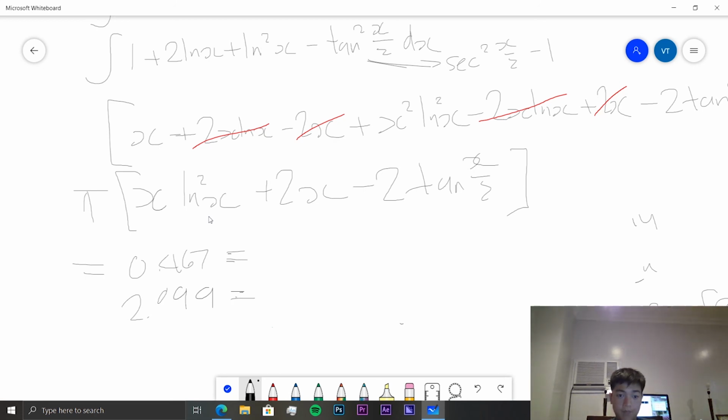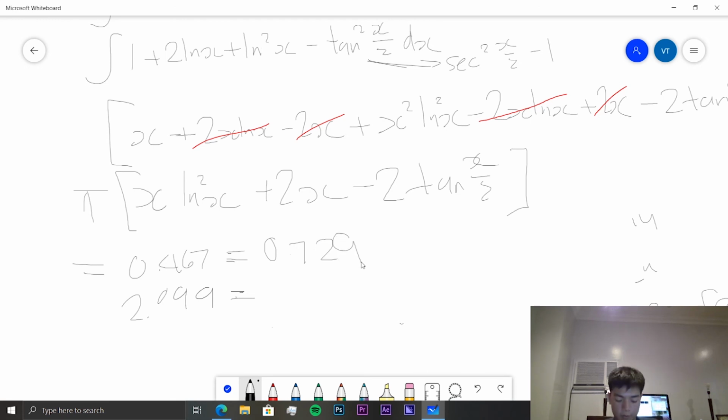0.467 ln 0.467 squared plus 2 times 0.467 minus 2 times tangent 0.467 over 2. So this is around 0.729.